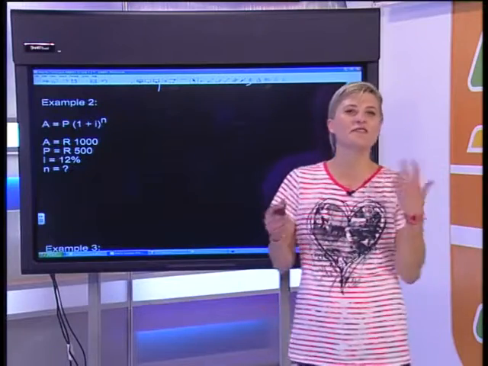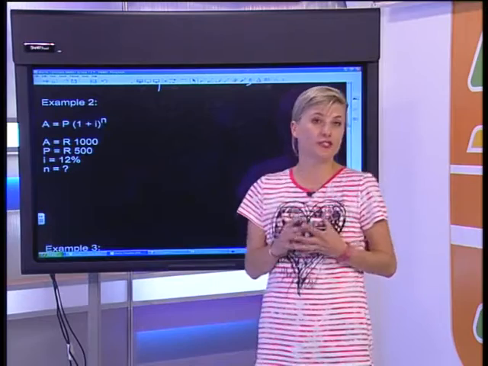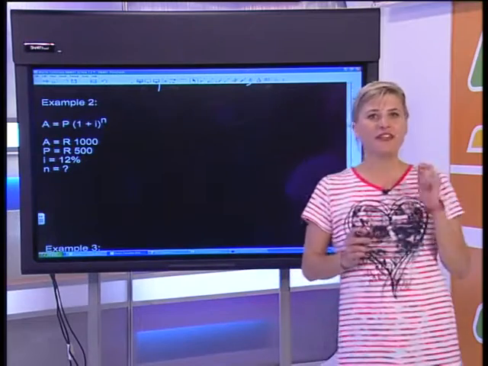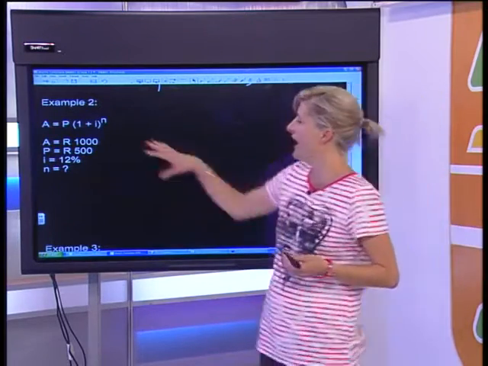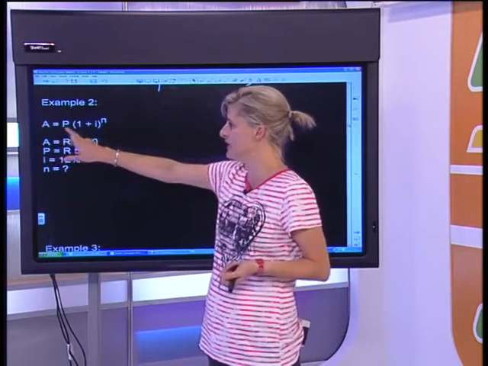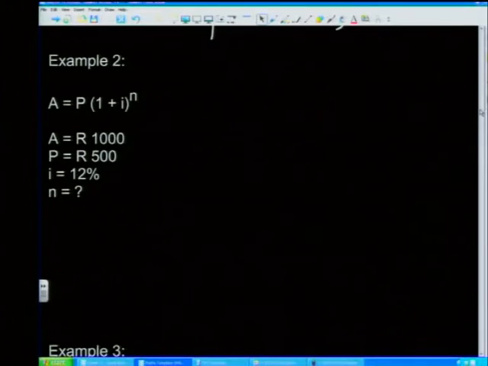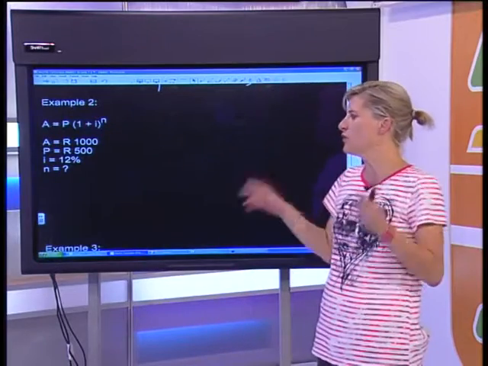Right, guys, now what I'm going to do is have a look at the very same question using the same amounts, but this time in a compound interest context. So our compound interest formula, of course, is A is equal to P, 1 plus i to the power n. So now our n is in the exponent, which is going to make things slightly more complicated.